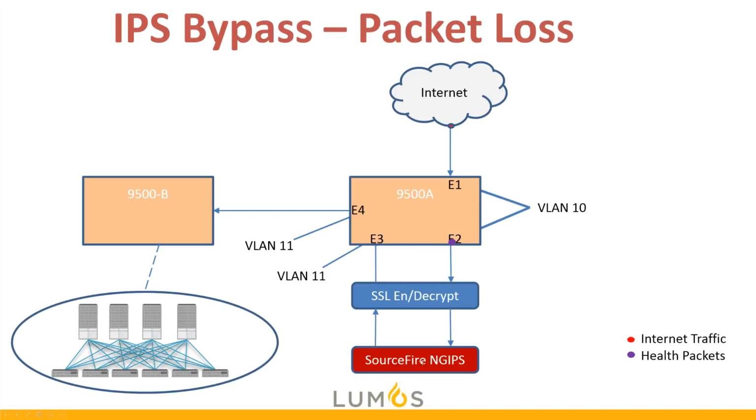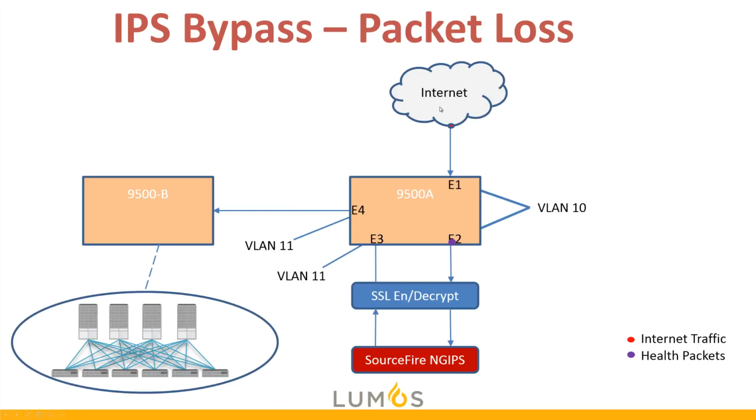So this pair of transparent devices is what allows MAC H to be learned on E4, passed down through E3, and essentially learned in through E2 on VLAN 10.